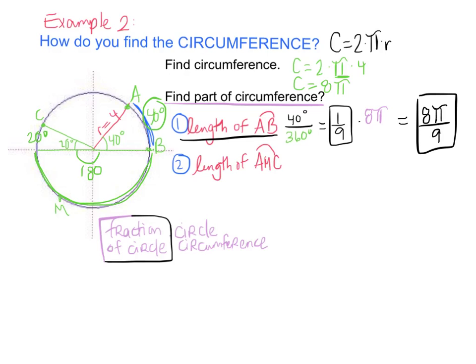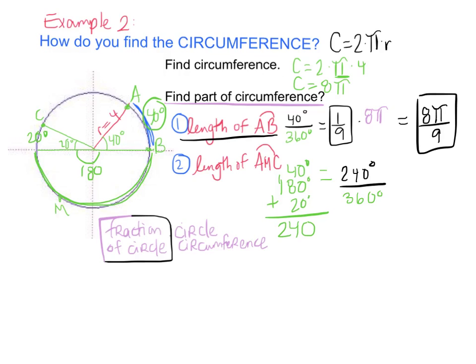So let's see, that's 40 degrees, 180 degrees, and 20 degrees, which makes 240 degrees. So that means that we have 240 degrees out of the whole 360 degrees.